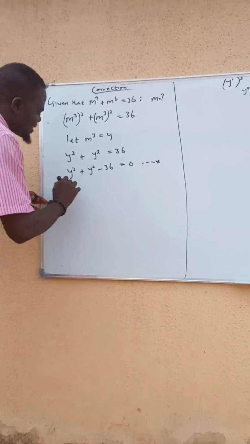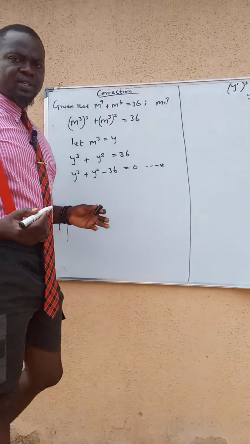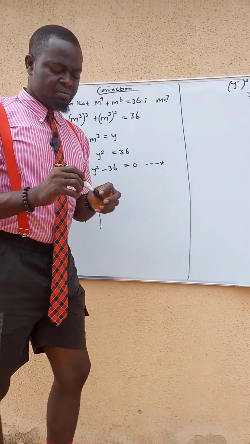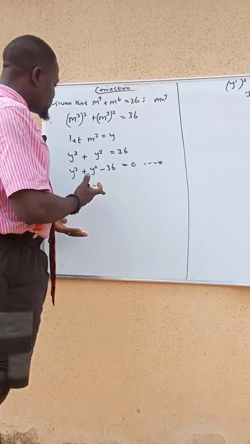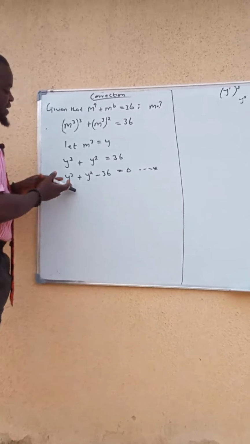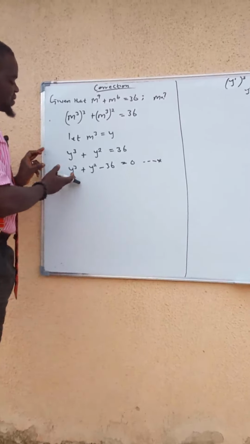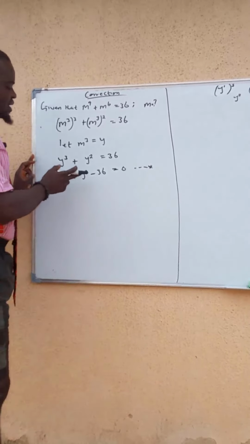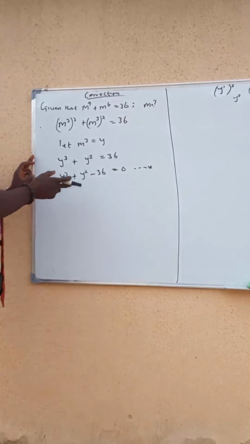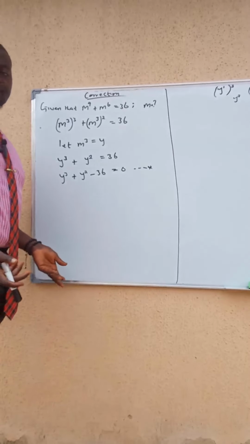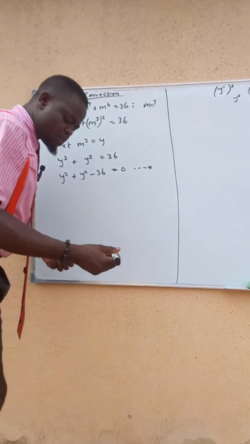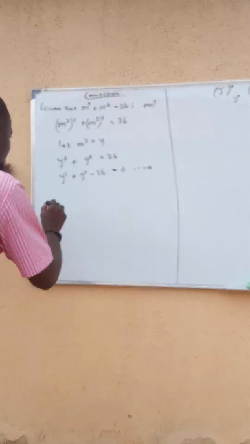From here, I want to get some factors to work with. You start from 0. If I say my y is 0, 0 raised to power of 3 is 0, 0 raised to power of 2 is 0, and 0 minus 36 cannot give me 0. It will give me minus 36. So I'll check from 1, plus or minus 1.